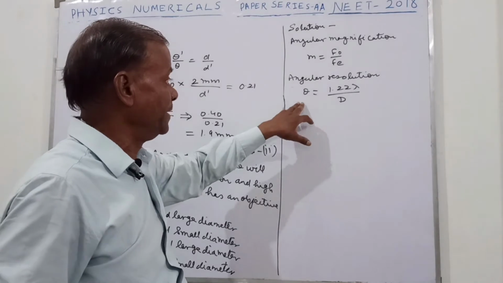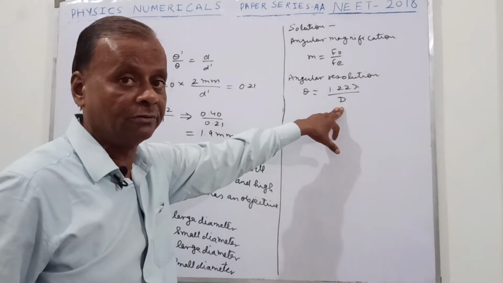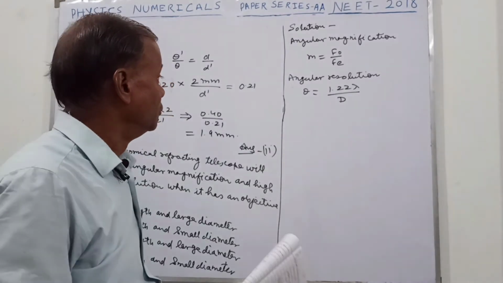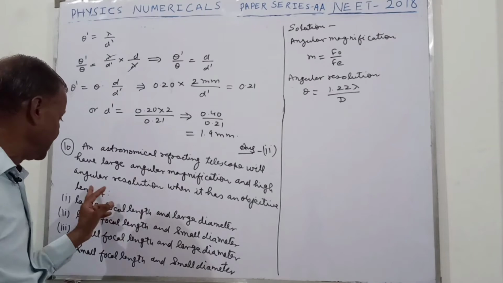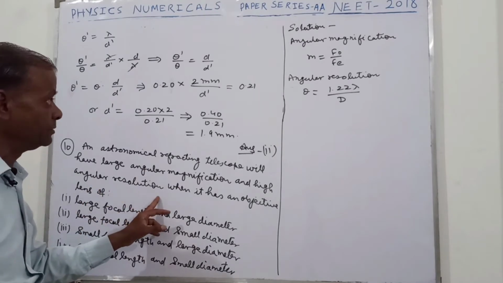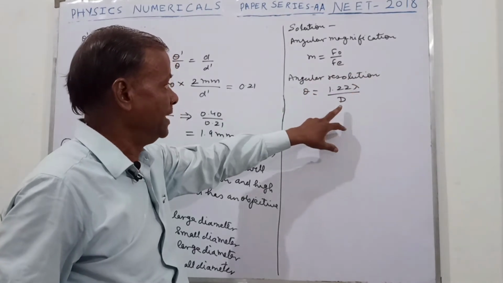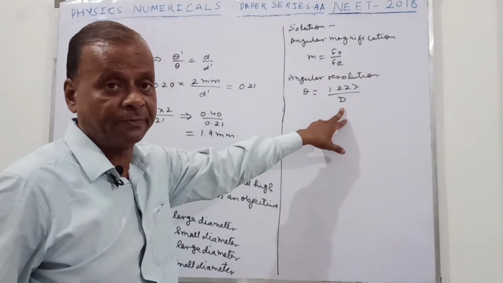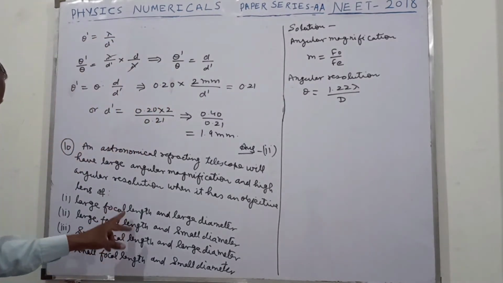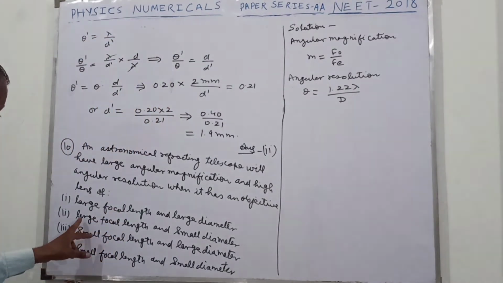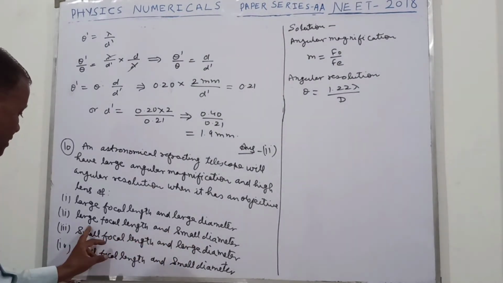Angular resolution is maximum when D, the diameter of the objective, is small.